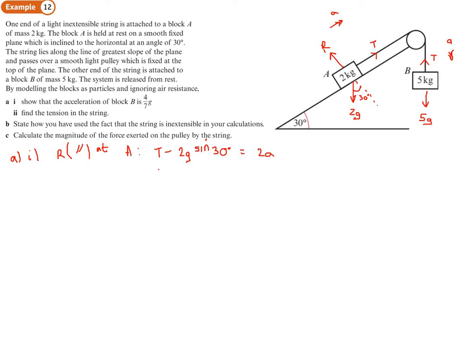Because we've done this sort of question before, I'm going to just add an extra cheeky step for later on. So I'm going to put T as the subject, so I've got T is equal to 2A, and then I know that sine 30 is a half, so I've got just plus G. And then I'm going to resolve vertically at B. This is, as you can see, very, very similar to the last example. So I've got 5G minus T is equal to 5A.